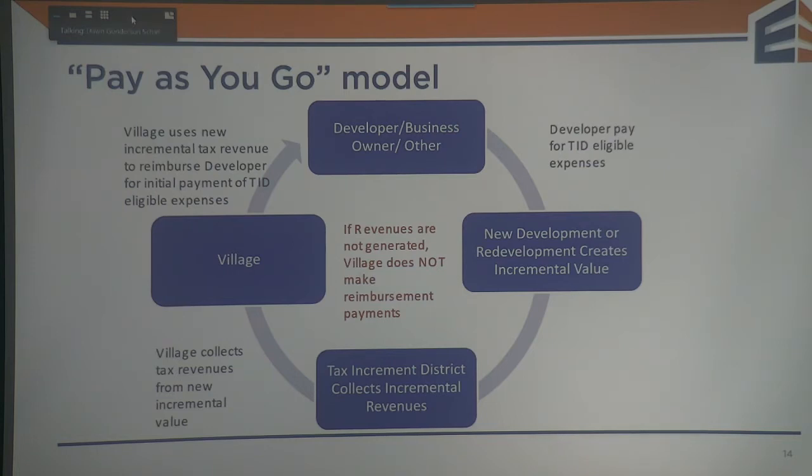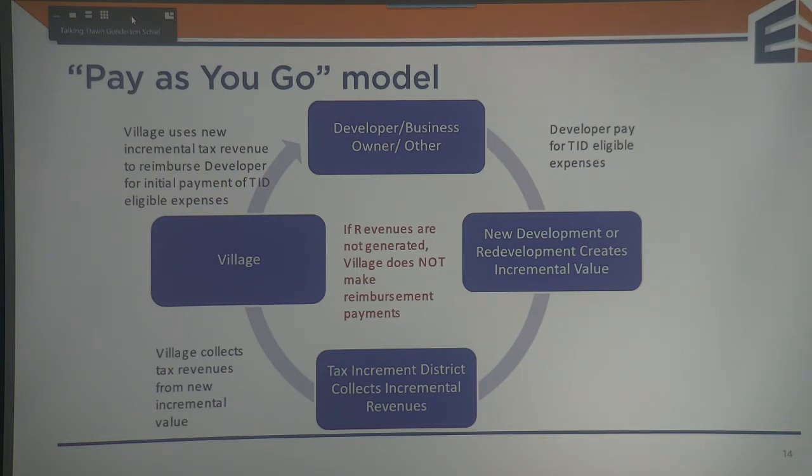Once the water is there, the new development takes place, or the redevelopment is created, and there's new incremental value. That incremental value is going to pay taxes. And on the bottom of the slide, that district collects that incremental revenue from the collection of new taxes on that new development. And so the village collects the taxes, they go into the tax increment district.